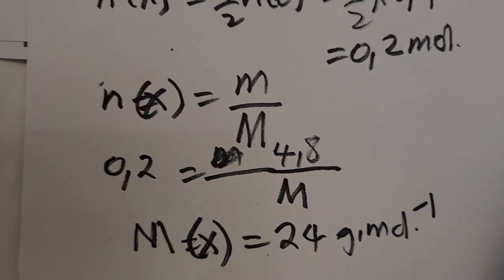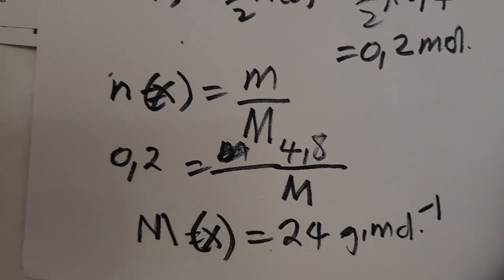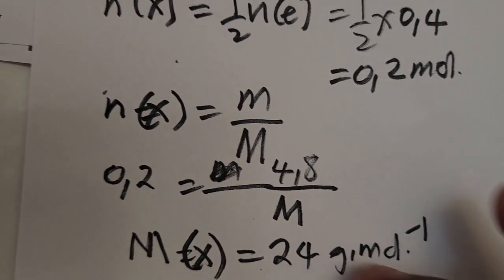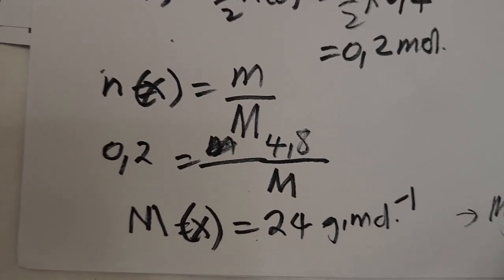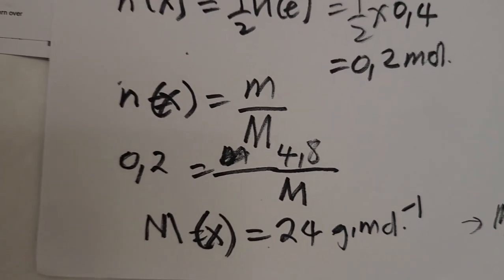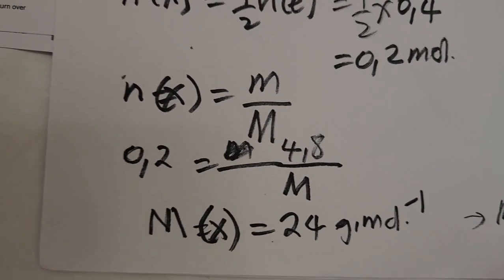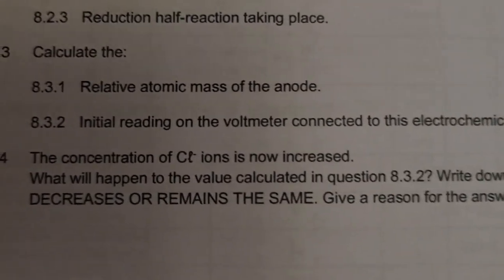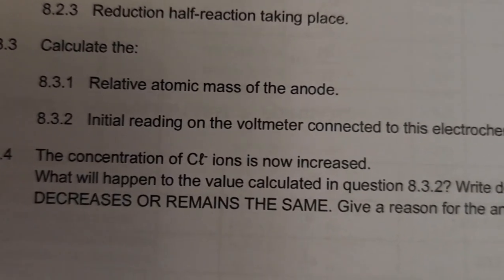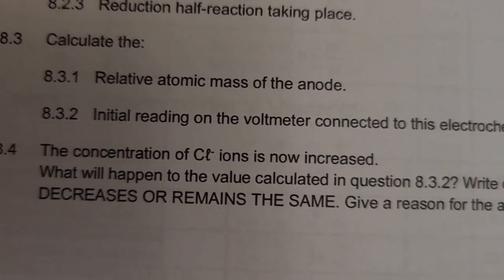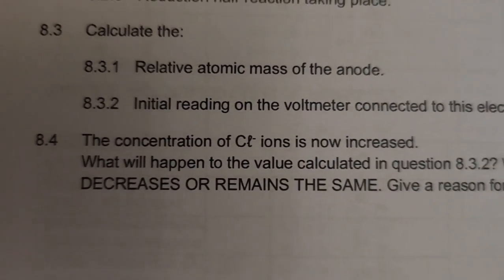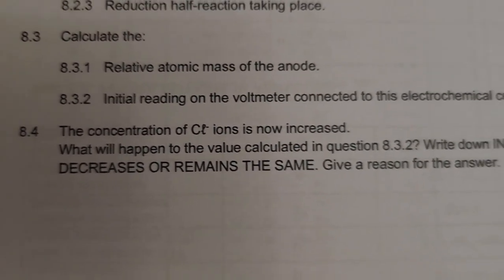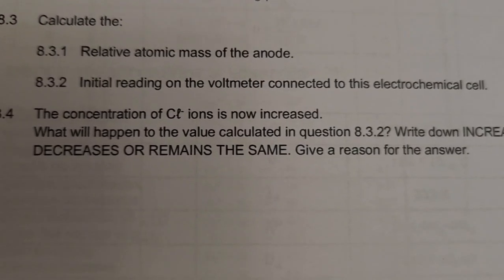You go to the table and find which one is 24. We can see that if it's 24, M is magnesium. But we're not told to identify, so we just leave it up to here. No problem. That was the question where we have to calculate the relative atomic mass or relative formula mass in this case.